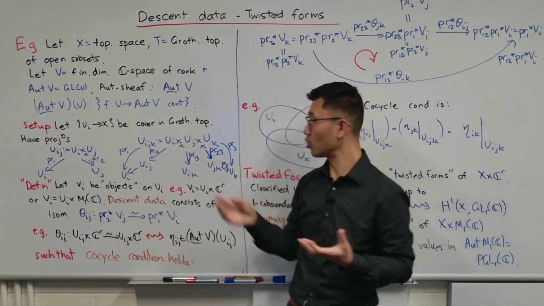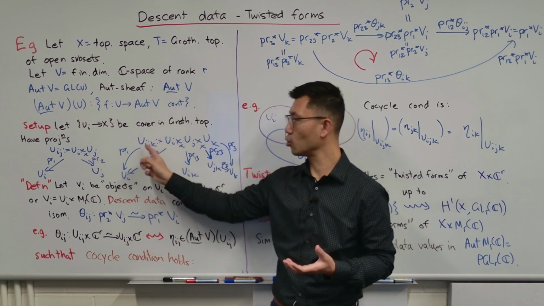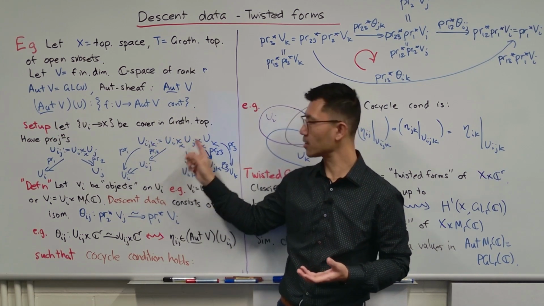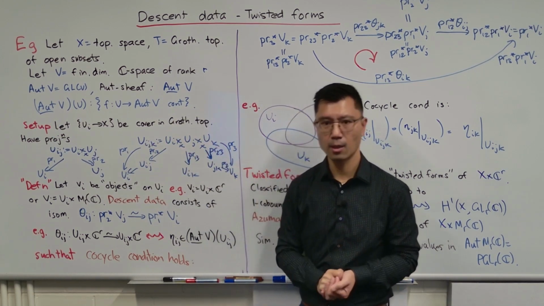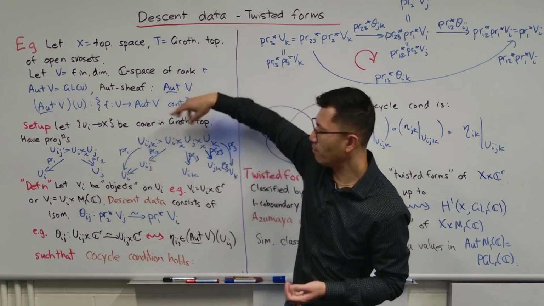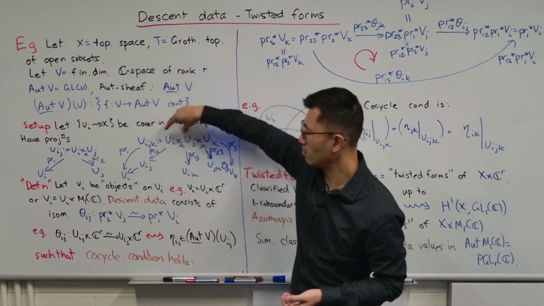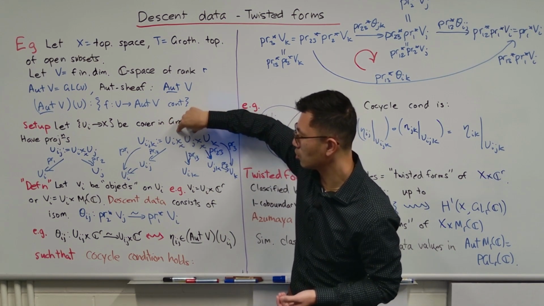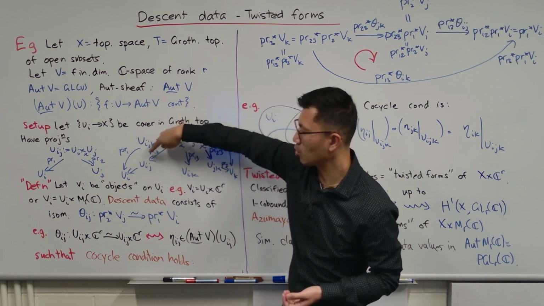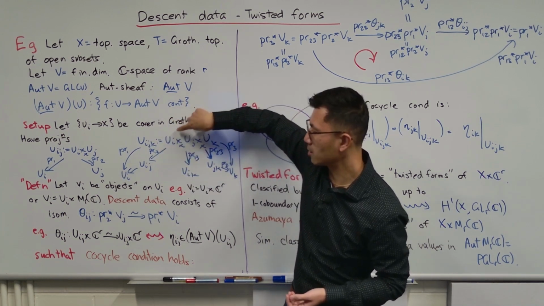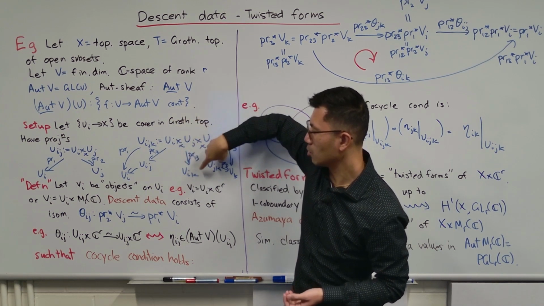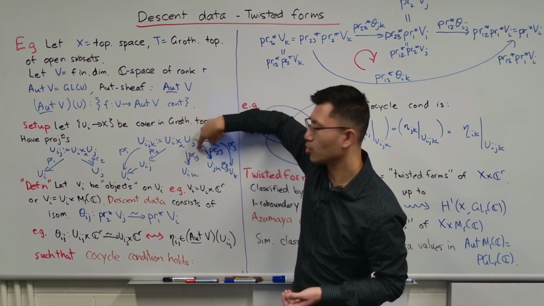We'll also need to look at the triple fiber product U_ijk, which is U_i cross over X U_j cross over X U_k. And now you can project onto various combinations of factors here. You can project onto the first two, U_i cross U_j, that's U_ij, and that's projection 1,2. You can project onto the outside factors, U_ik, via projection 1,3.